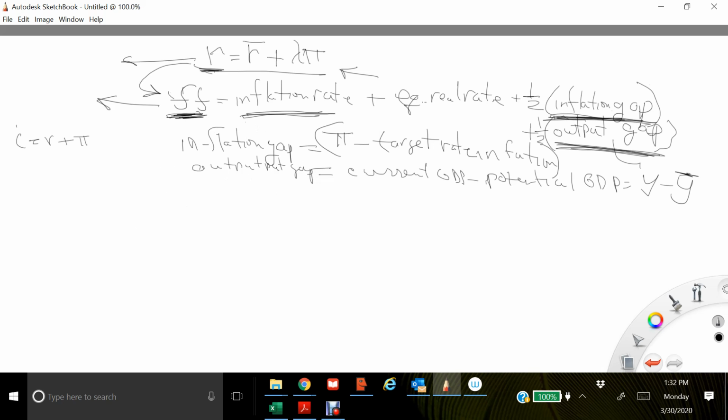So how do we reconcile these two equations? Well, first we could take the federal funds rate and subtract the inflation rate from both sides.